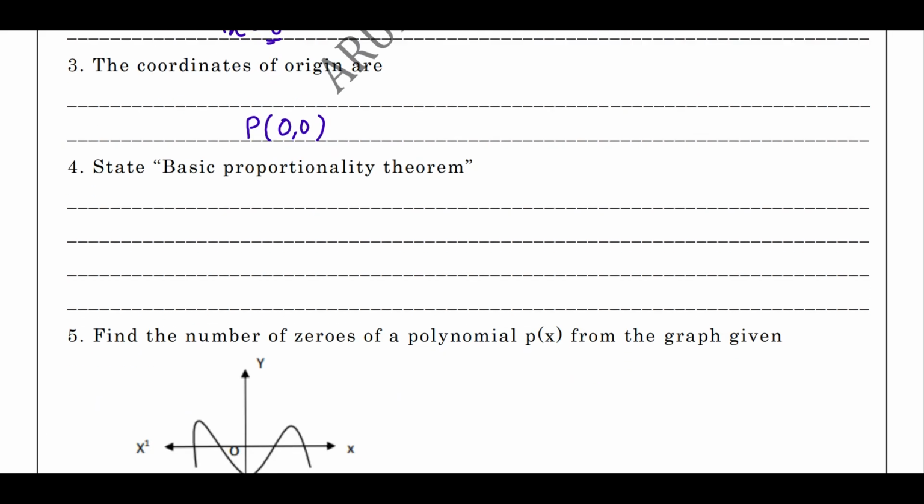Next, state basic proportionality theorem or Thales theorem. If a line is drawn parallel to one side of a triangle, it intersects the other two sides in the same ratio or same proportion.